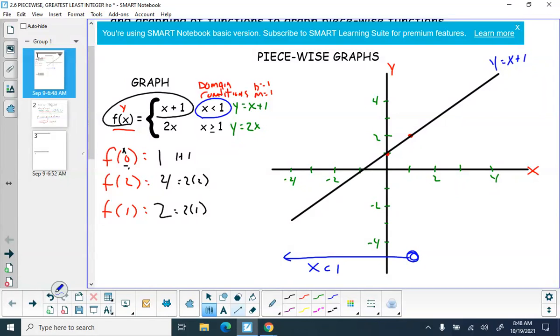I'm going to have an open dot at this value of 1, and I want my graph to only go to the left. And this is where your eraser comes in. So what we have is an open dot ray.